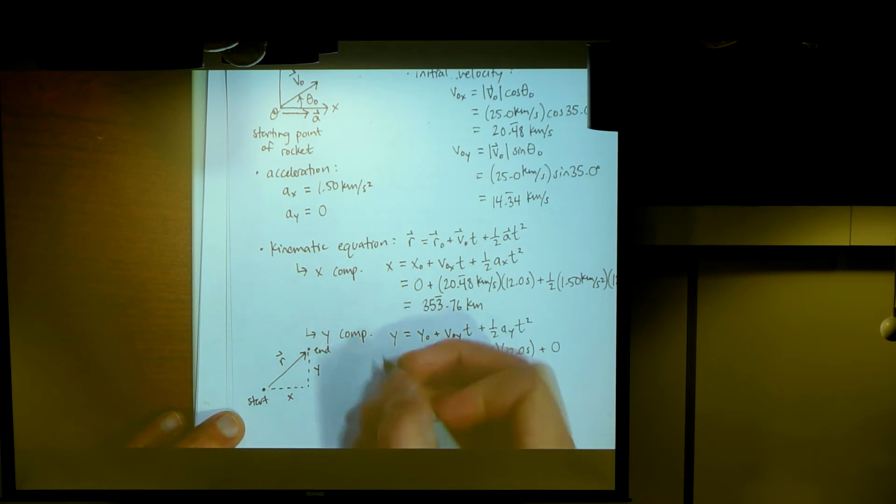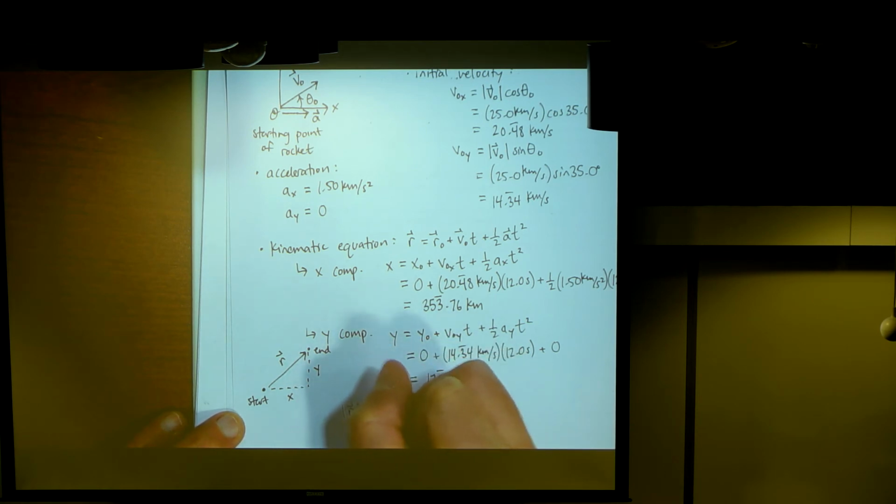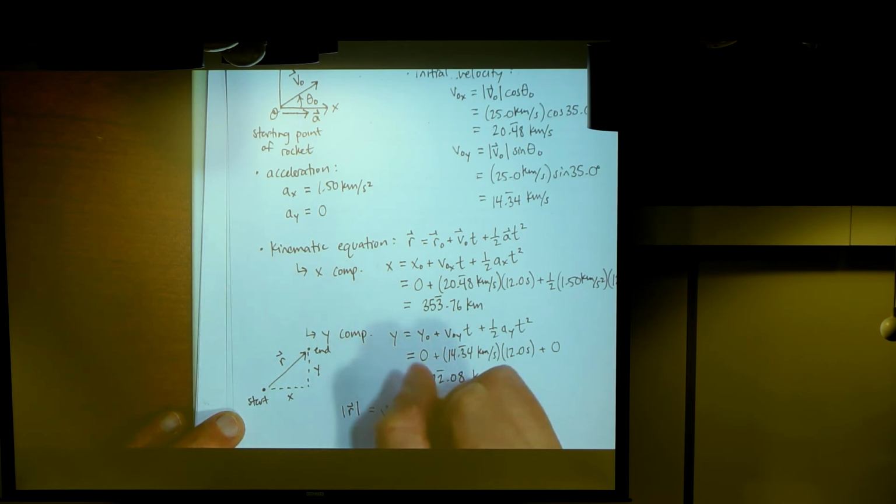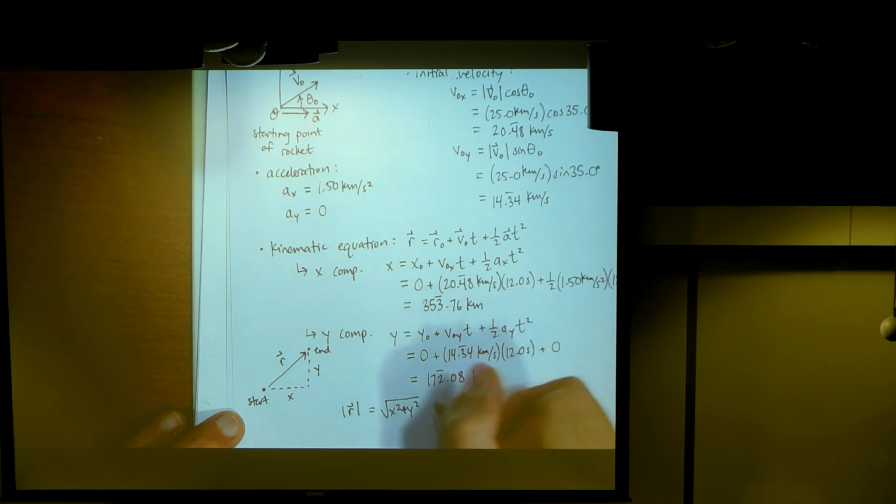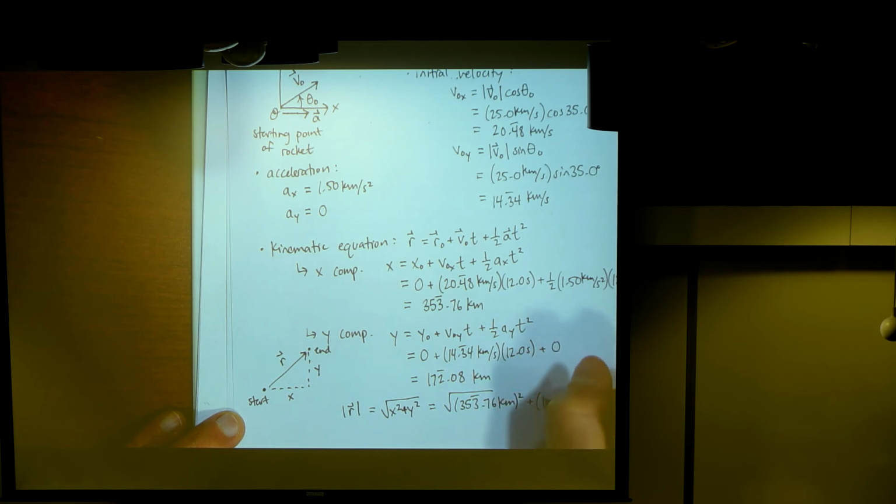The way we write this is the magnitude of this vector r, that's what we really want to know, is equal to the square root of its components squared added together. So x squared plus y squared. So we'll put in what we know. That's 353.76 kilometers. We'll square it, add it to 172.08 kilometers.